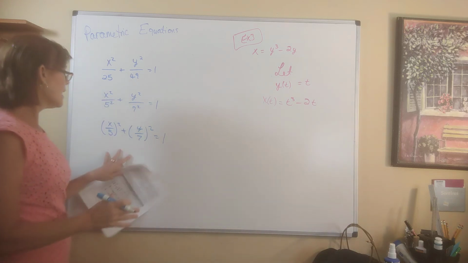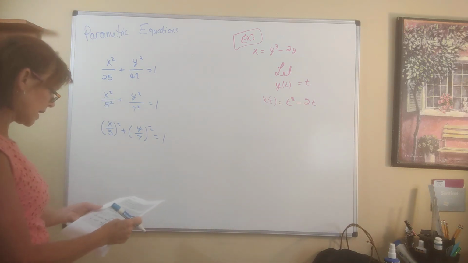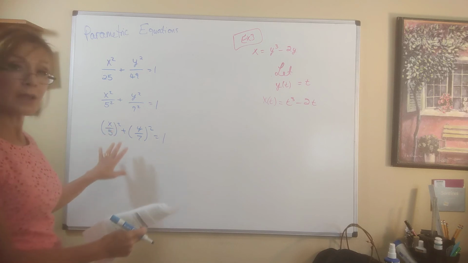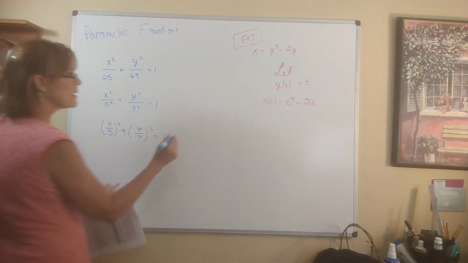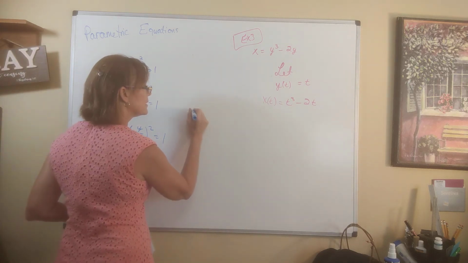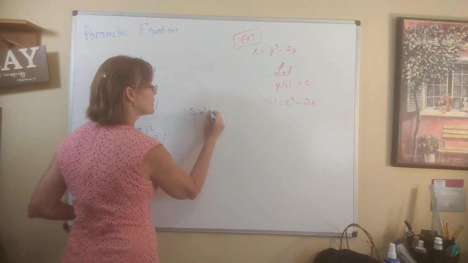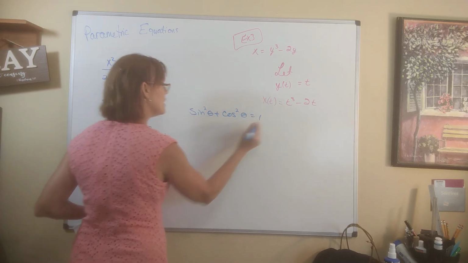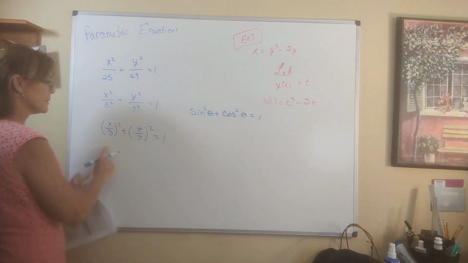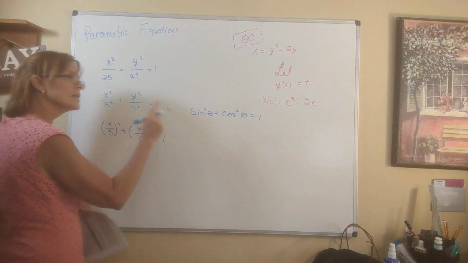All right, this is fine. This is good. Also, we could maybe think about trig, which we're in trig right now, so that's kind of nice. We could think of the Pythagorean theorem, the sine squared of theta plus the cosine squared of theta is 1. And these look similar. Something squared plus something squared is 1. So here's what we could do.